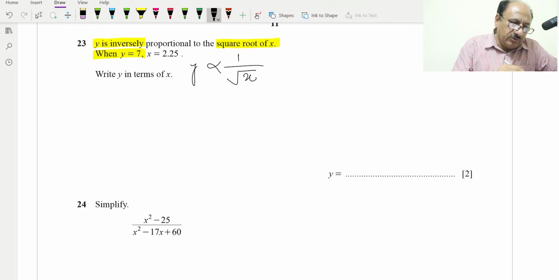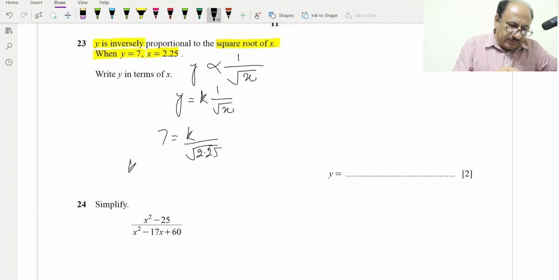So it means y is equal to k times 1 over the square root of x, and they're saying y is equal to 7 when x is equal to 2.25. So we will replace these values. Y is equal to 7 and k over the square root of 2.25.